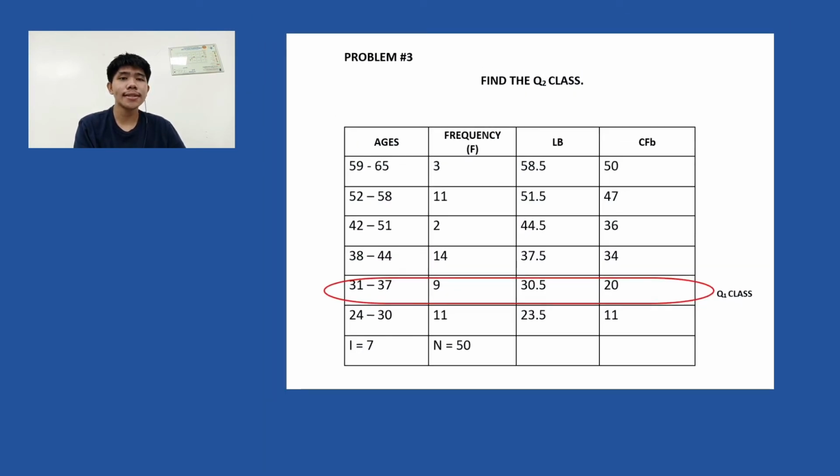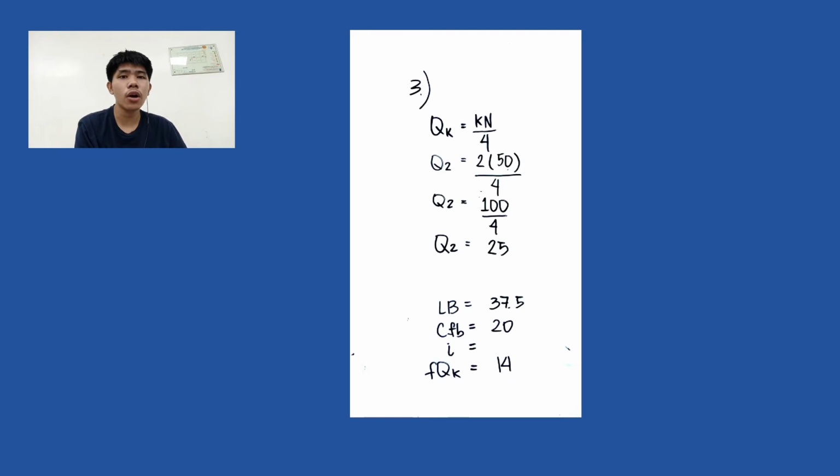After Q sub 1 class, we will now find our Q sub 2 class. To find the value of our Q sub 2 class, again we will solve for our Kn over 4, but this time we will change the value of K to 2 because we are now on the Q sub 2 class.